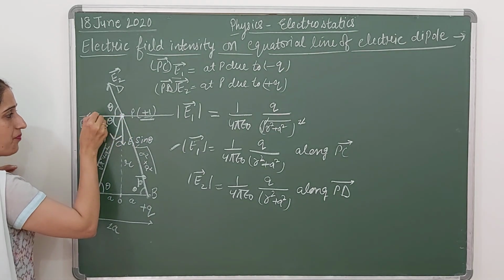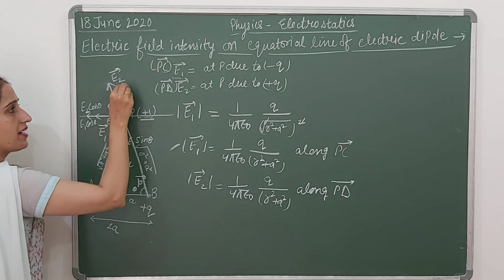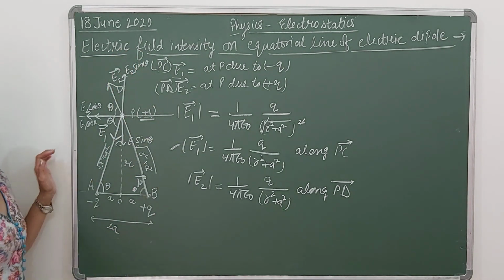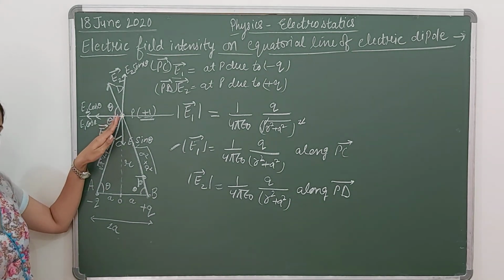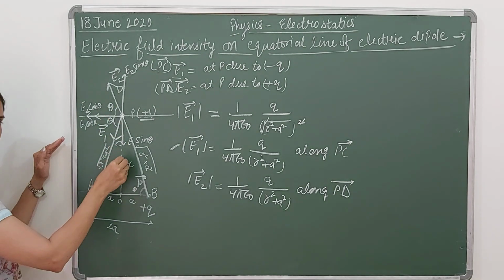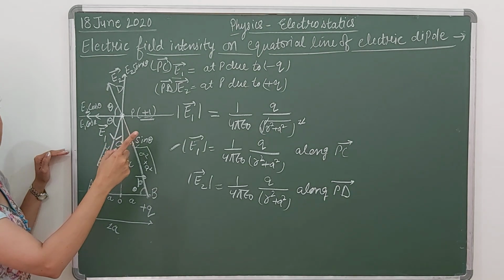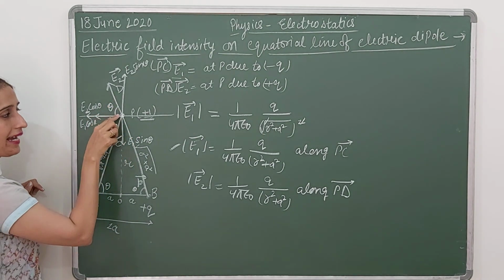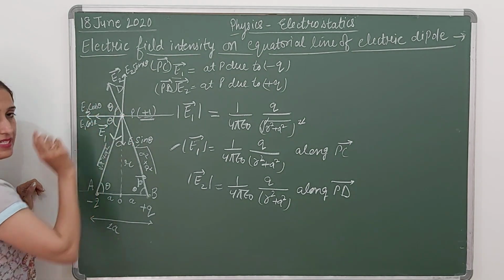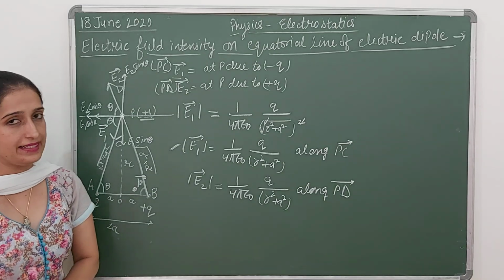In this direction it will be E2 cos theta, and in this direction E2 sin theta. The horizontal component along theta will be E2 cos theta, and the perpendicular component will be E2 sin theta.